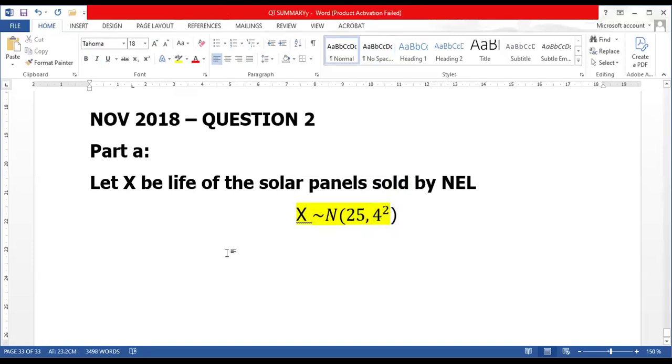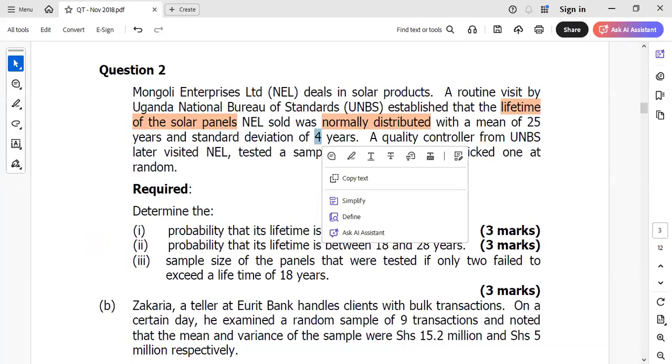So what do we need? We need the probability of X. Who can tell me?